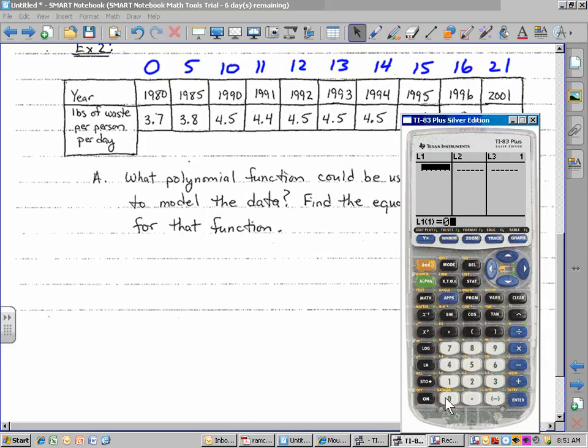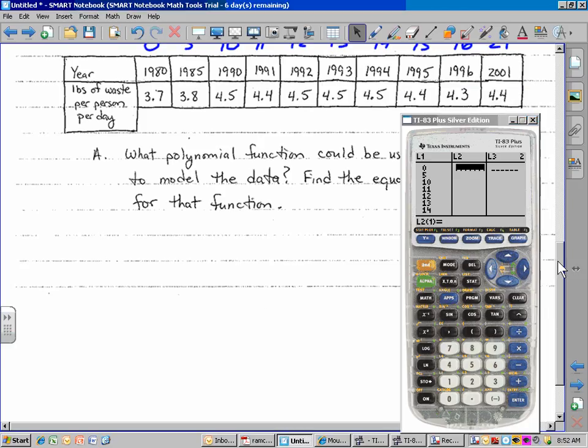So I'm going to put in 0, 5, 10, 11, 12, 13, 14, 15, 16, and 21. Again, scroll back up through just to make sure we didn't mistype something. Looks good. Go to the second part.